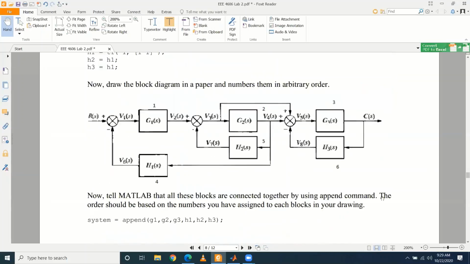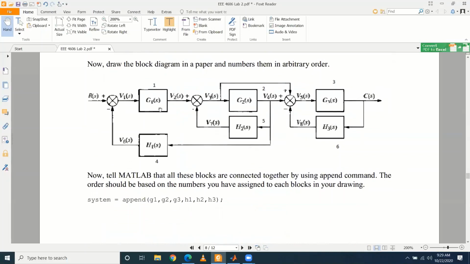So if you take a look at the block diagram, how many signals are entering block 1? 2. Yes, RS and V6S, where they're added together to make V1S.